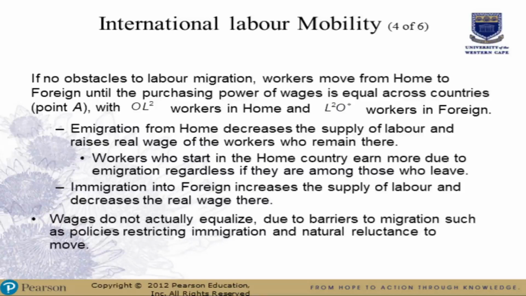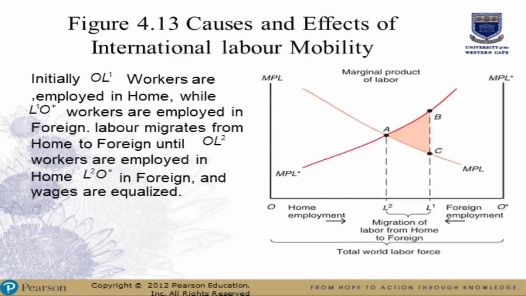The emigration from home leads to a decrease in the supply of labor and raises the real wage for the workers left at home, whilst immigration into the foreign country increases the supply of labor and decreases the real wage. Figure 4.13 shows the effects of international mobility between the home and foreign nations.